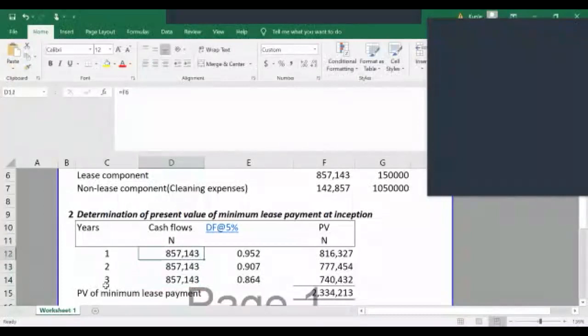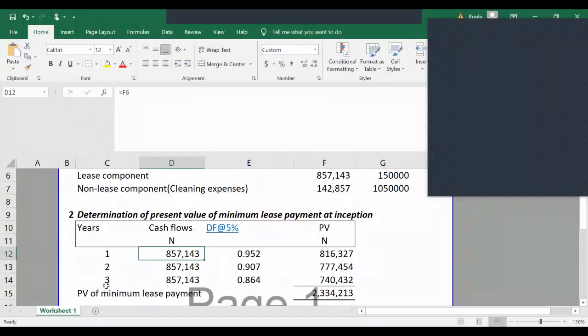Now, we were given the discount factor in the question. We will discuss later how, in reality, we get this discount factor, since it will not be noted in the lease arrangement or contract. But for the purpose of this question, let's take the discount factor, or the risk-free factor, as 5%.